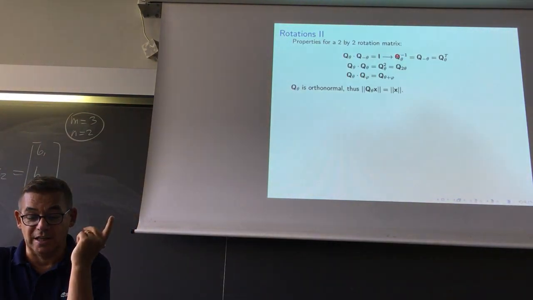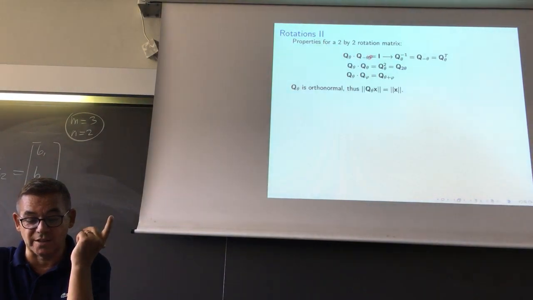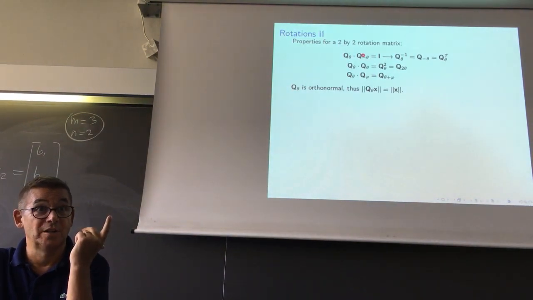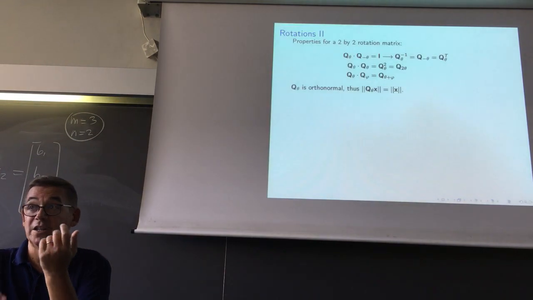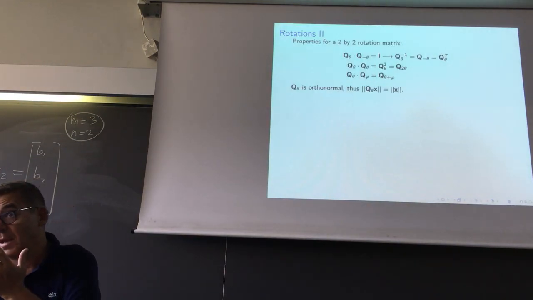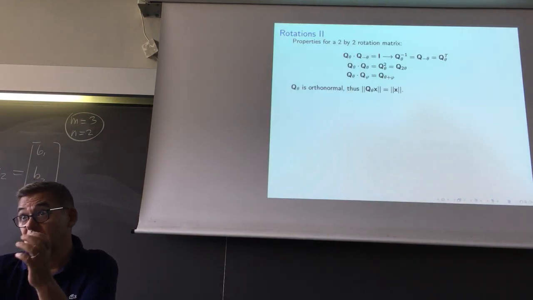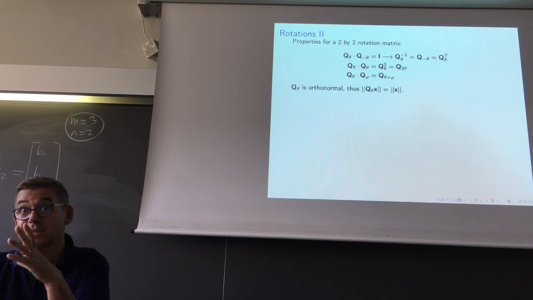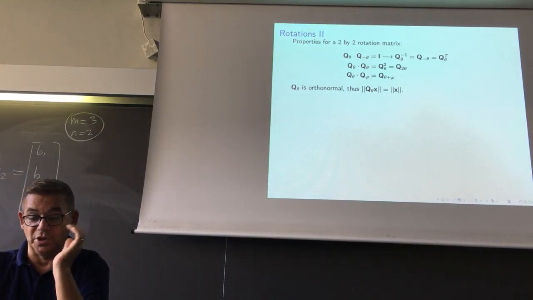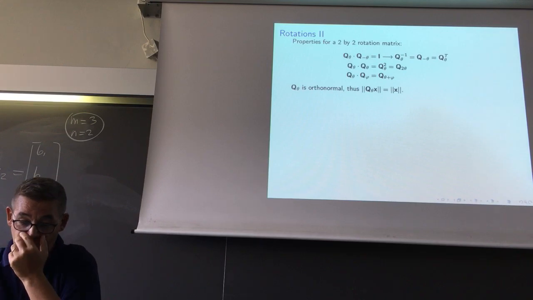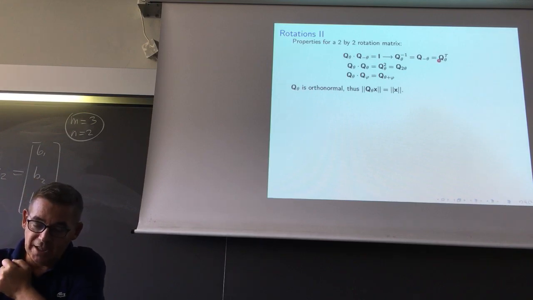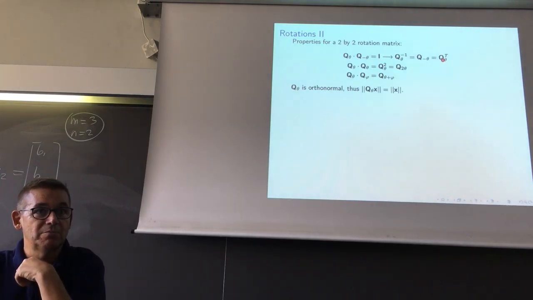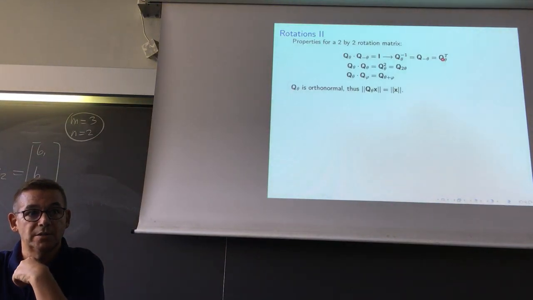What is the inverse? If I have a matrix multiplied by something else and I get the identity, that something else is the inverse, here the counter rotation, rotating on the other side. But this counter rotation is also the transpose, because it's skew symmetric.